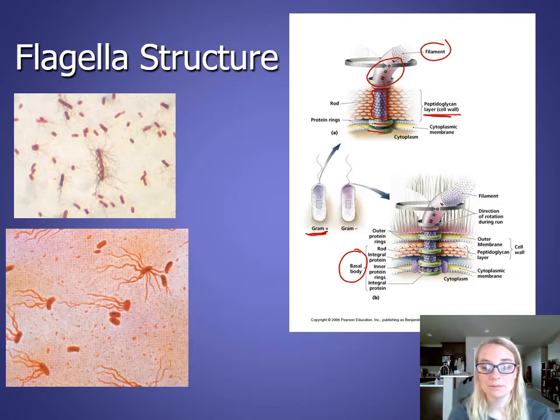In gram-negative cells, remember gram-negative cells are staining pink, they have 4 rings, and the rod is penetrating through the plasma membrane, a thin layer of peptidoglycan, and another outer membrane, which we'll see in more detail in the cell wall slide in a little bit. So those are the structures of the flagella, right? The filament, the hook, and the basal body. Some slight differences between gram-positive and gram-negative organisms, but their job is to allow for motility.